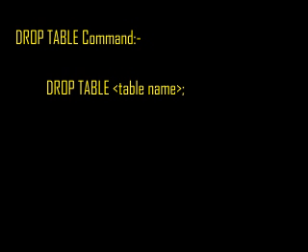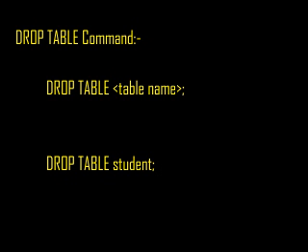When we are deleting the table, the table must be empty, then only we can delete. Once we delete the table, we cannot get it back. Its syntax is drop table, table name. Example, drop table student. We can delete the student table structure from the database.